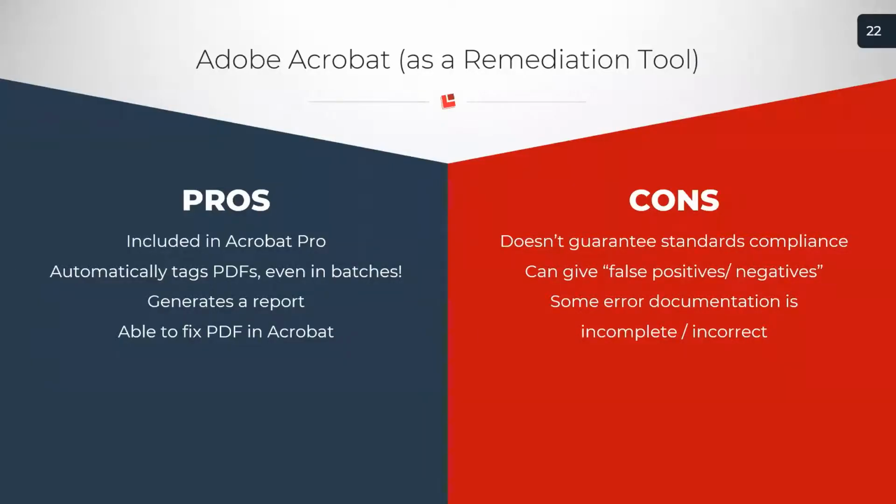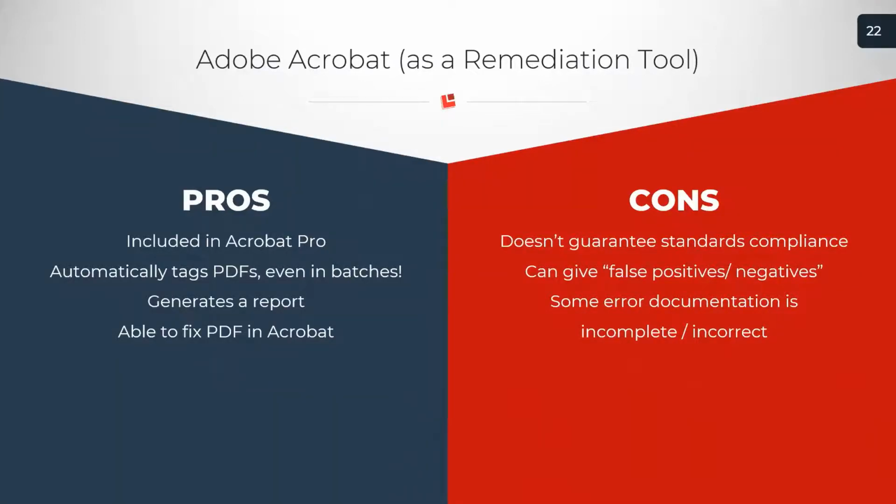So what are you going to use to do your remediation? As I mentioned earlier, Adobe Acrobat does show you the tags. It does let you add the tags to a document that's untagged. It does generate a report, and then you can actually go in and, of course, fix the document using Adobe Acrobat Professional or DC.